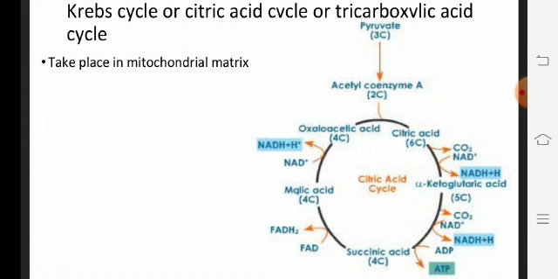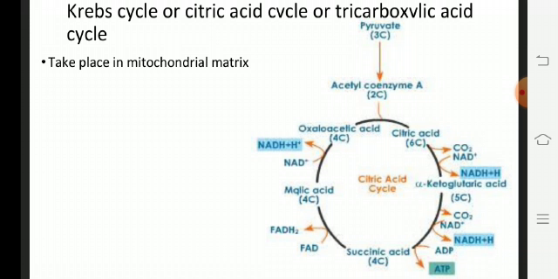In the presence of the enzyme citrate synthetase, acetyl coenzyme A and oxaloacetic acid are converted into citric acid. It is a 6-carbon compound. Just observe the carbon compounds: acetyl coenzyme A contains 2 carbons, oxaloacetic acid contains 4 carbons, and it converts into citric acid, which contains 6 carbons.